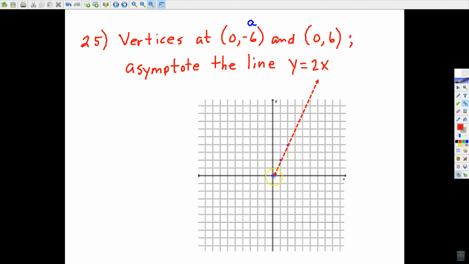Okay, so here's one of my asymptote lines. That means there's another one. They didn't tell us this, but it's implied. y equals -2x has to be the other one. There'll be plus and minus.